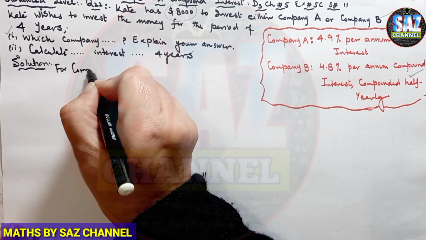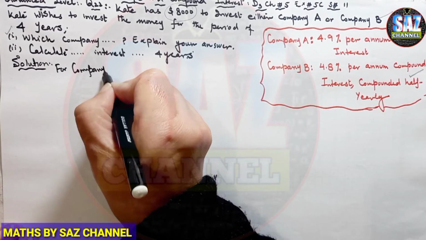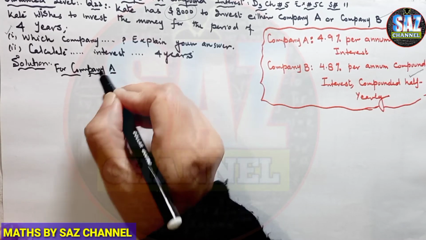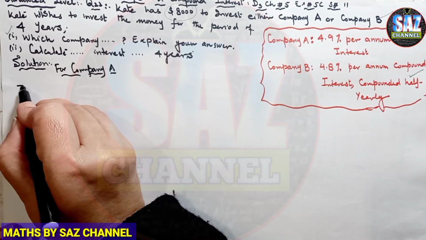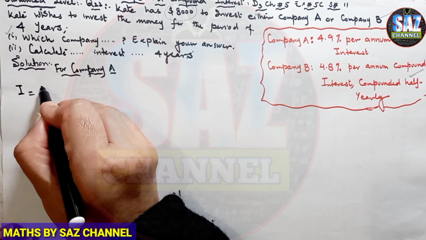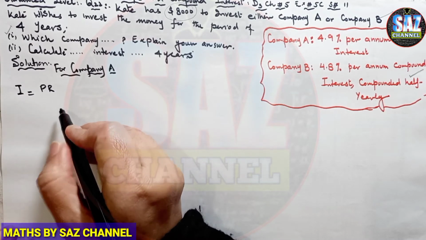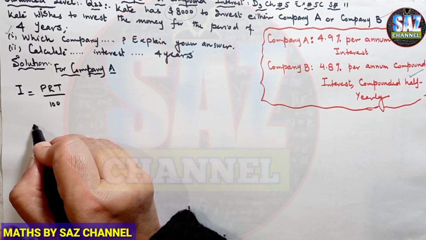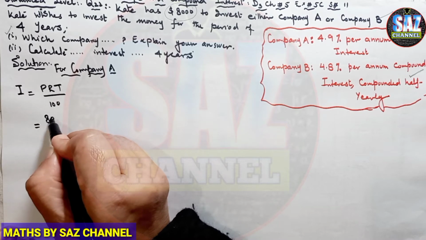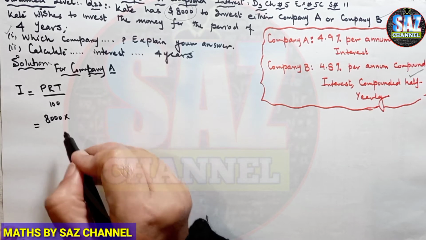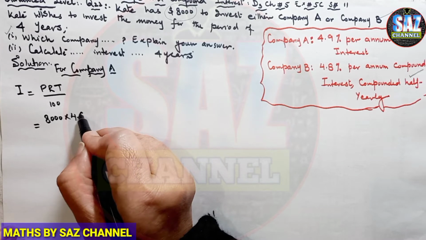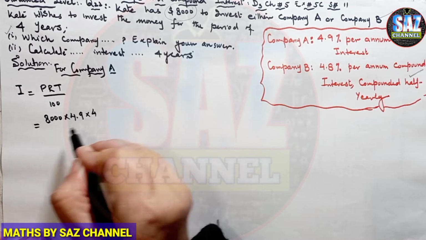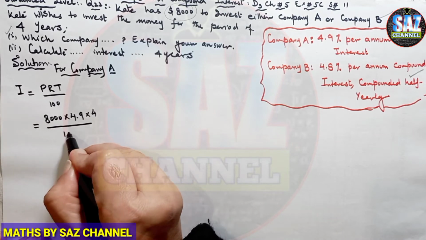So if she is investing with company A, company A is offering simple interest, and the formula for the interest is I equals PRT upon 100. Principal for this question is 8,000, rate for company A is 4.9, and time period is 4 years, upon 100.